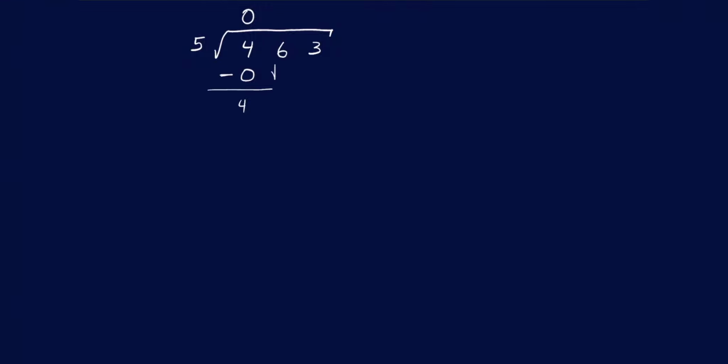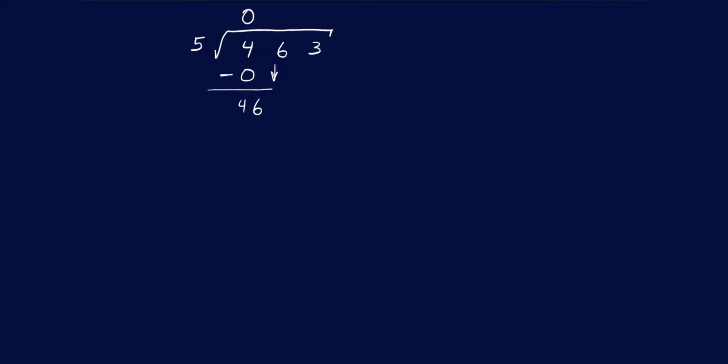Then we're going to carry down the 6, which is the next digit of the number, and we get 46. So now the next step is finding out how many times 5 goes into 46. And the answer is 9 times.